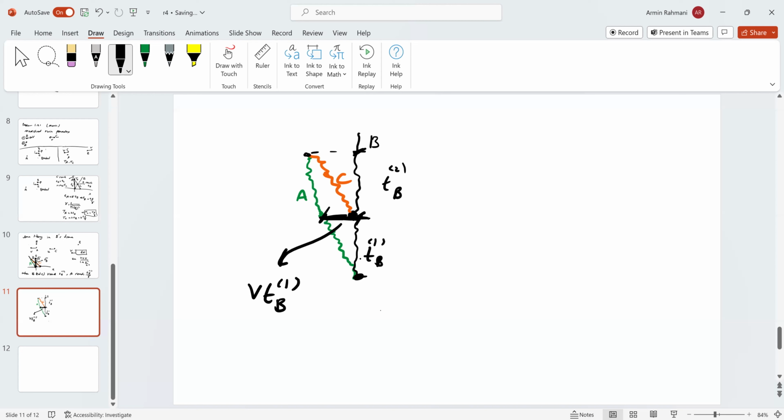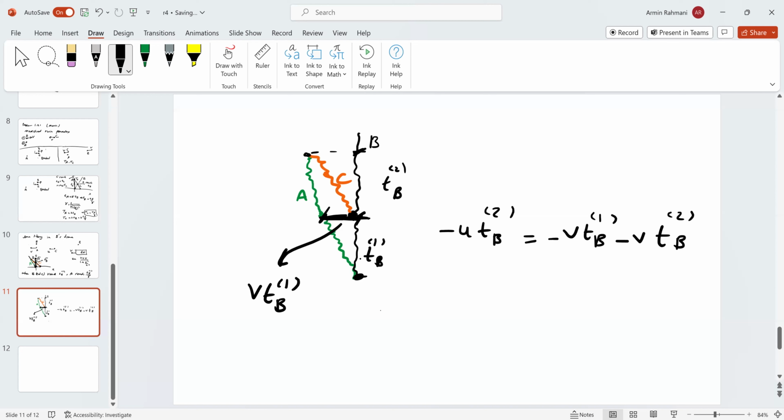The position of C is going to be minus UTB2. That's going to be minus VTB1, this length, the initial position of C at this point, minus VTB2.